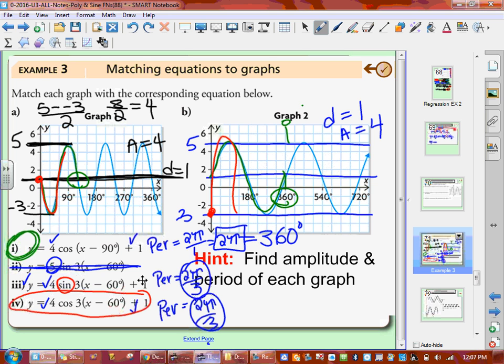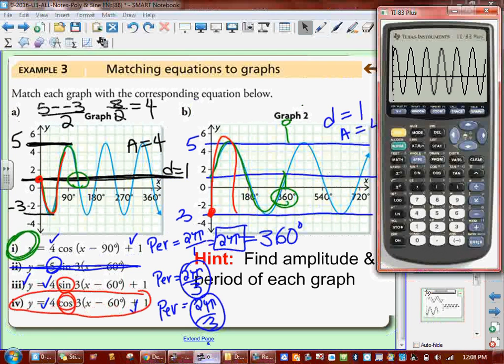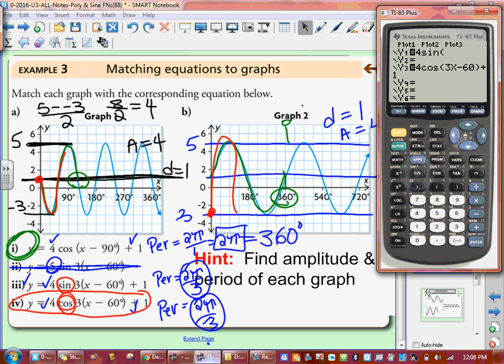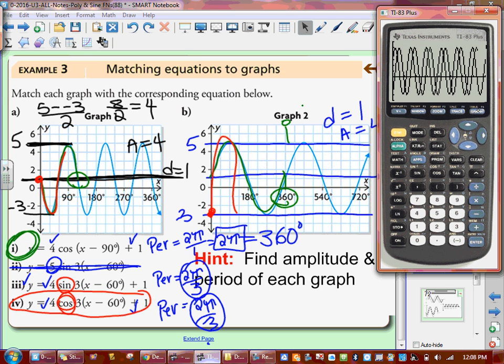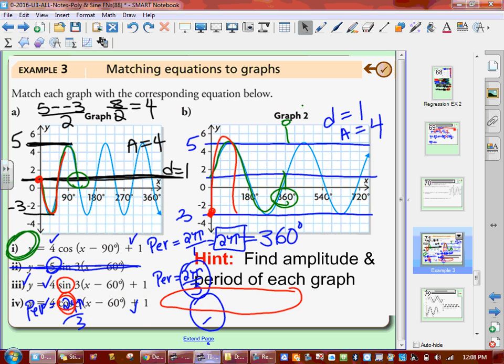But if I were to put in that other one again, for sine 3x minus 60 plus 1, we see that one is starting at the other end. So this one is actually not going to match our cos graph. So the one that actually matches is graph 3. So graph 3 is going to match. So graph 2 and 4 were not matches, but graph 1 and 3 were matches. Equations 1 and 3.